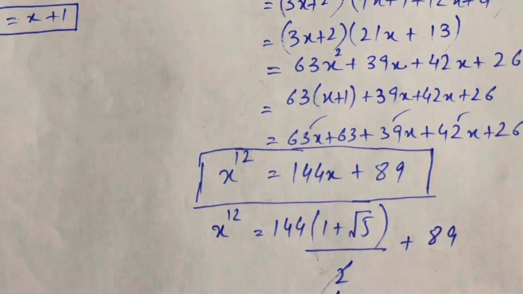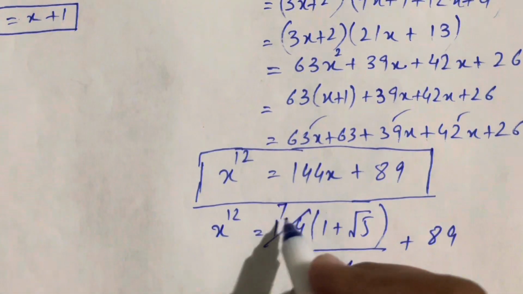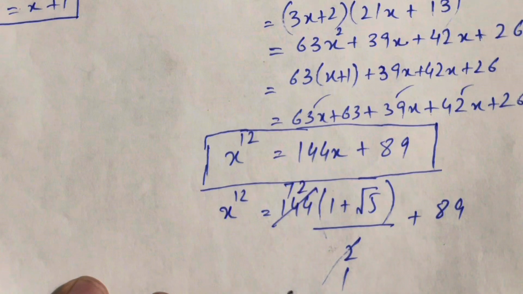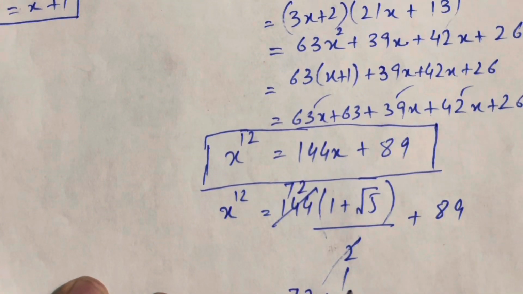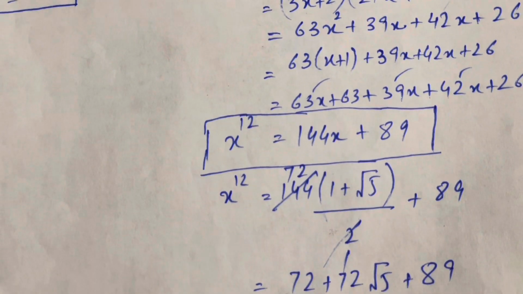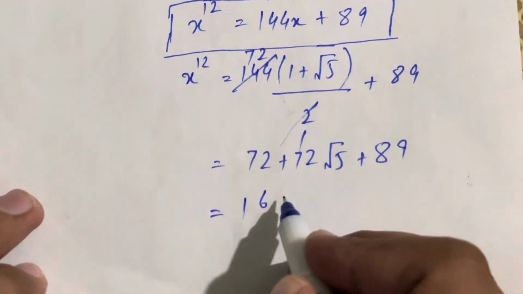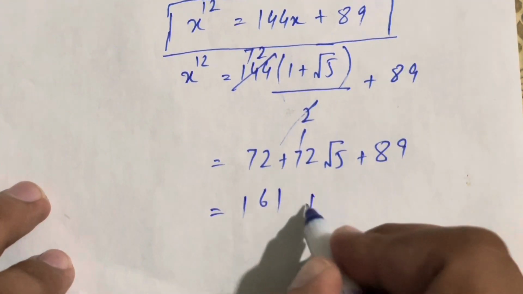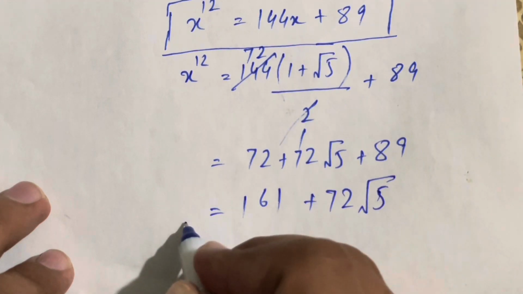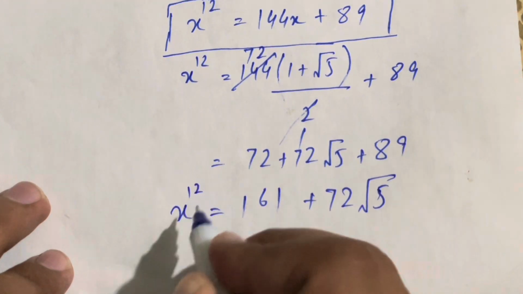On cancelling, 2 7s are 72 and 2 2s, on multiplying, 72 plus 72 under root 5 plus 89. And when I add 89 plus 72, it becomes 161 plus 72 under root 5. So this is the value of x power 12.